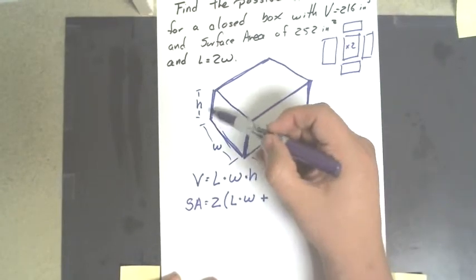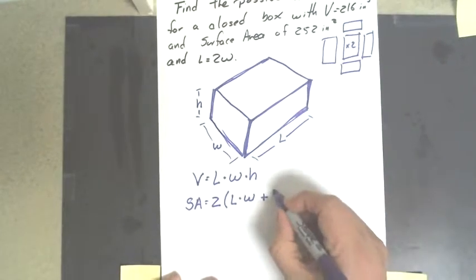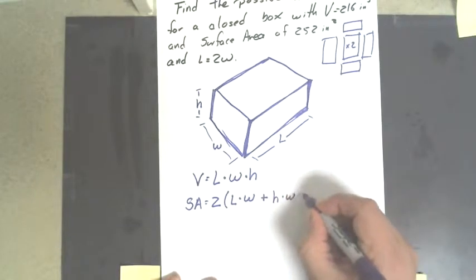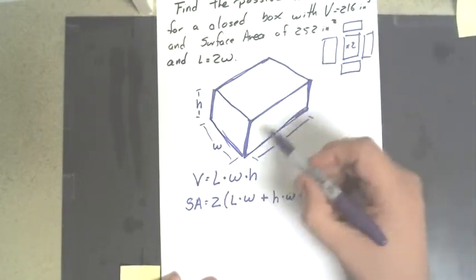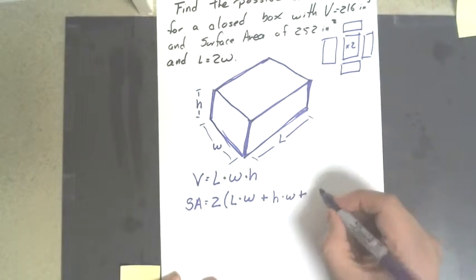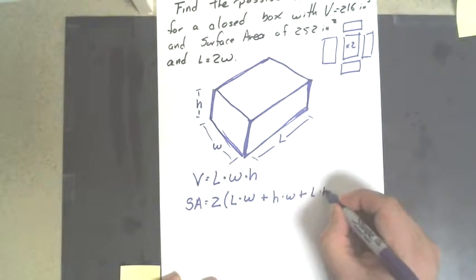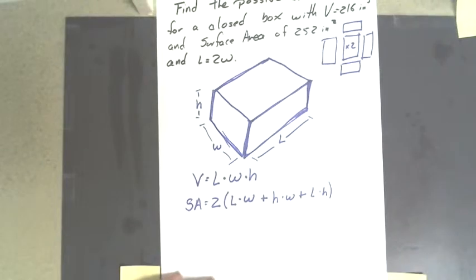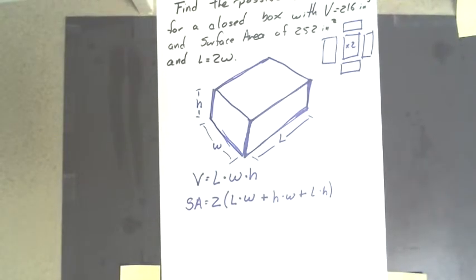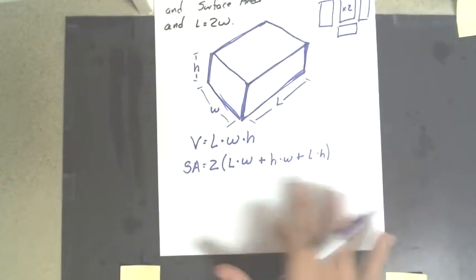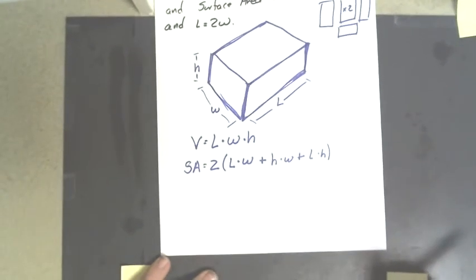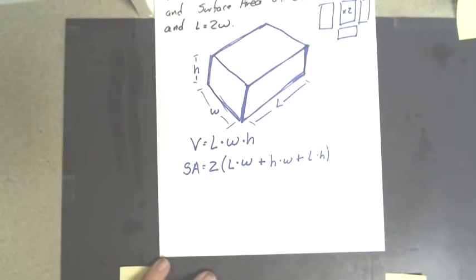The end caps are height times width, so height times width, plus 2 of the sides, and the sides are length times height, so length times height. So that's surface area. It's similar to perimeter, except you've got an extra level of sides. And there's more multiplication going on, clearly. Oops, keep banging that, sorry.